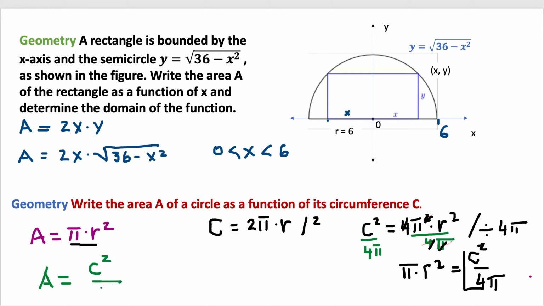So this is the final result for the second question.